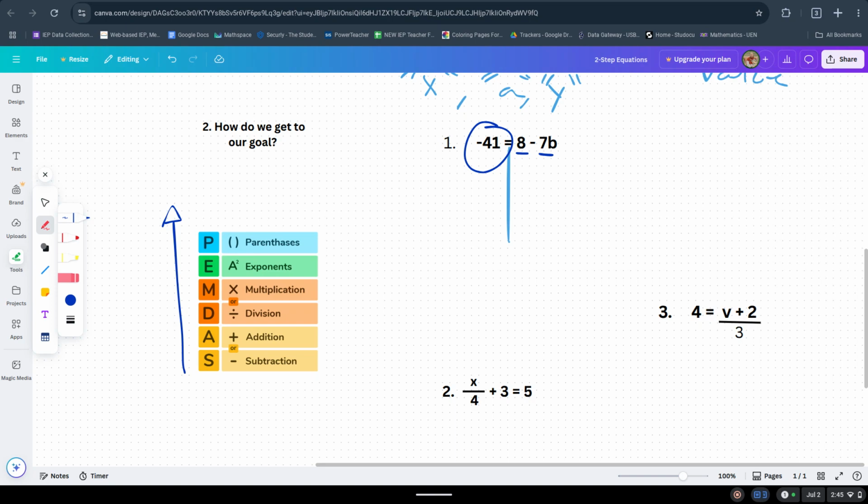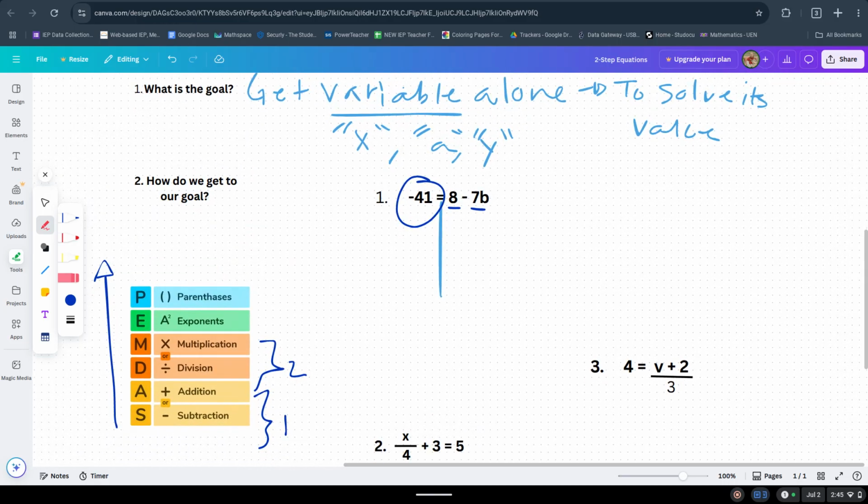Subtraction or addition will be the first thing to look for. So first thing to look for and second thing to look for. We're not going to worry about doing the actual math. We're just going to number off what we would need to do first.